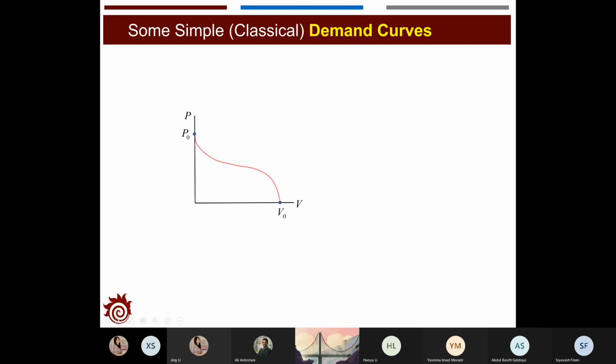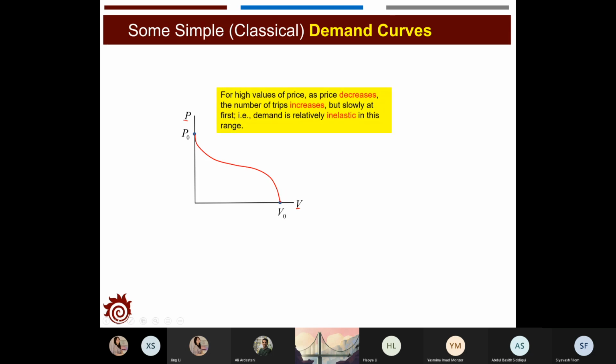For real-world products, instead of a decreasing curve or a linear curve, we will have an S shape relating the price and the volume. When the price is high, the elasticity is low. As the price decreases, the number of trips increases, but slowly at first, so it's not elastic.